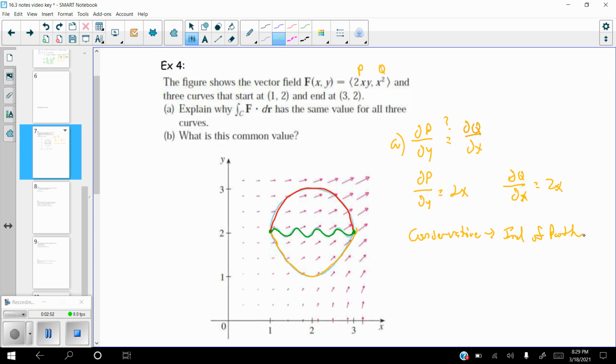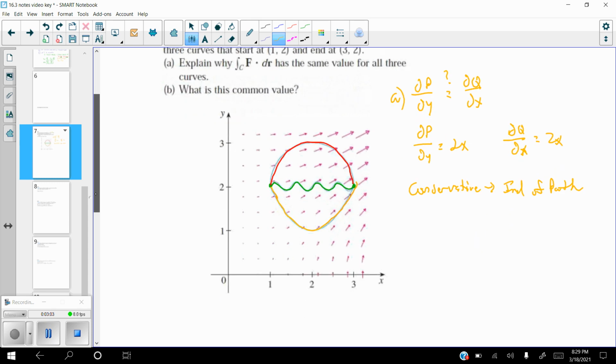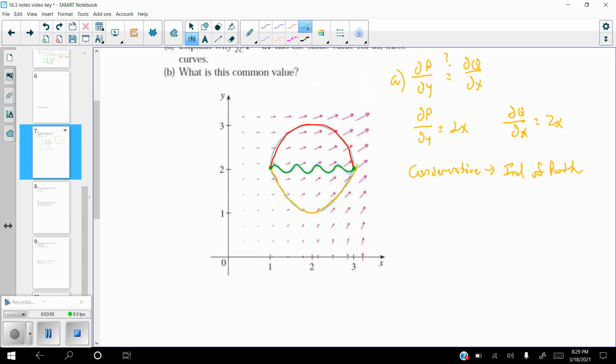Okay. And because this is conservative and independent of path, that means that F is defined as the gradient of a function capital F. So for part B, we know that capital F is the gradient, because that's what it means to be conservative and independent of path.